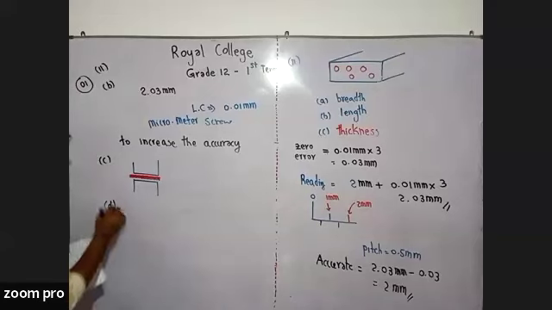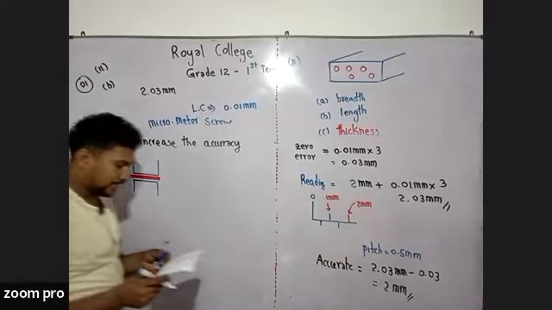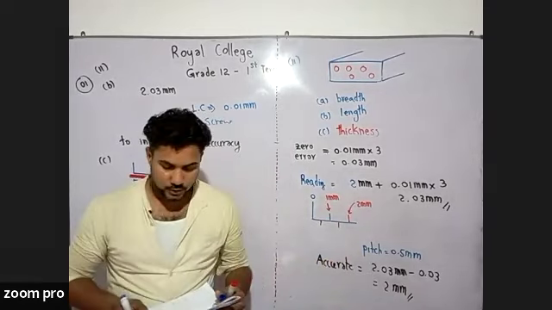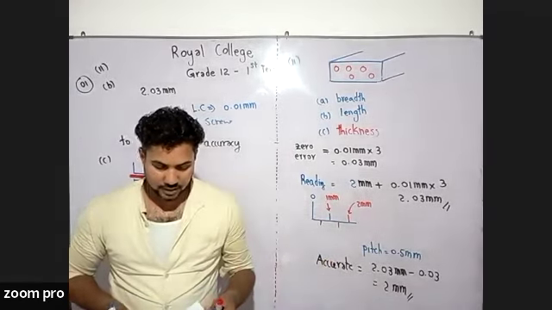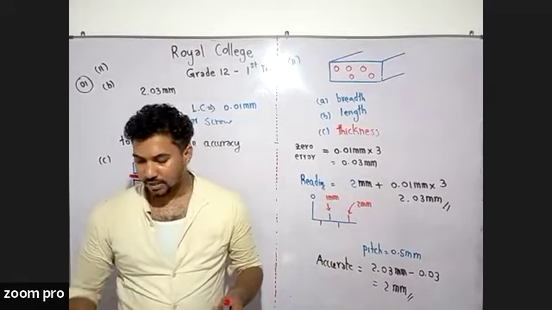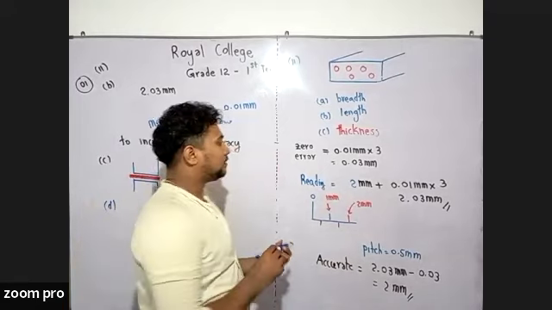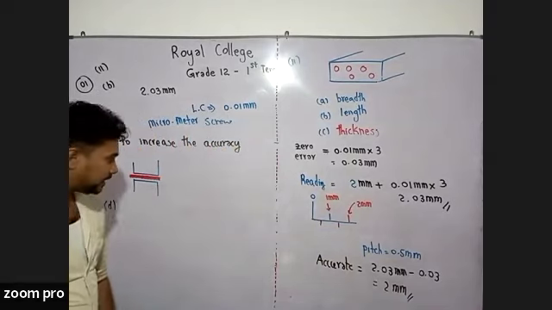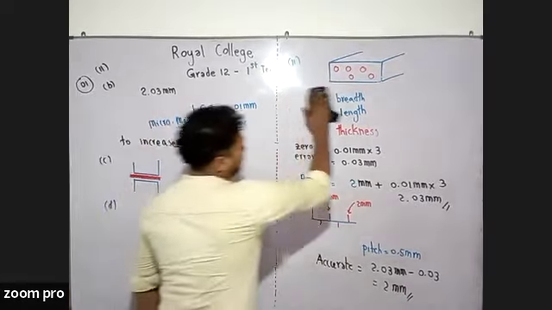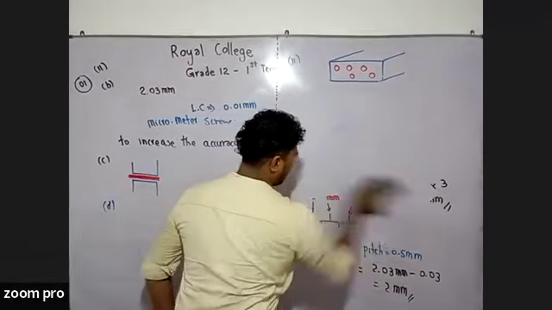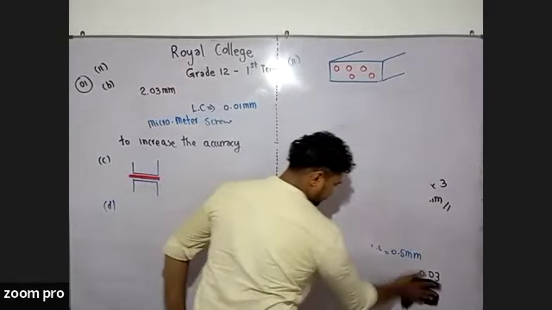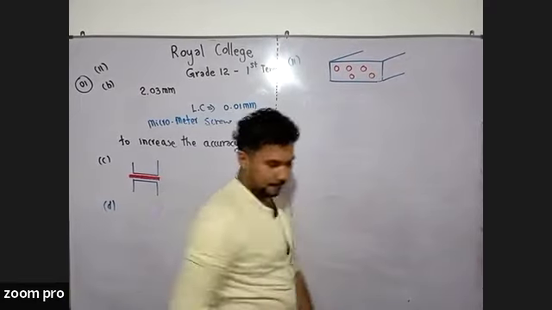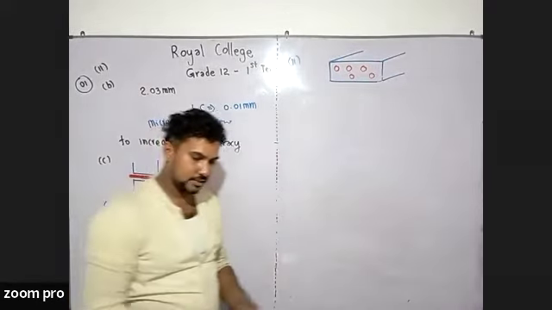In the D part, what is the additional data and additional measurement needed to calculate the volume of air in the piece of cardboard? Guys, now concentrate on this part very carefully.